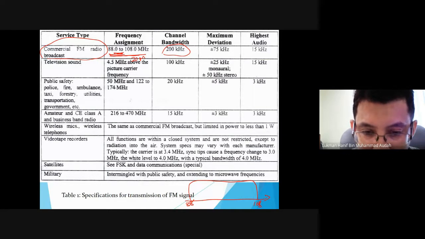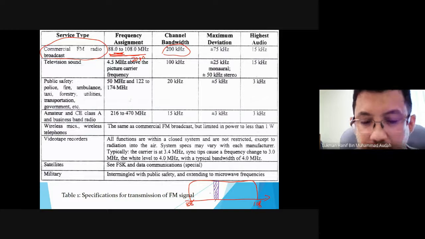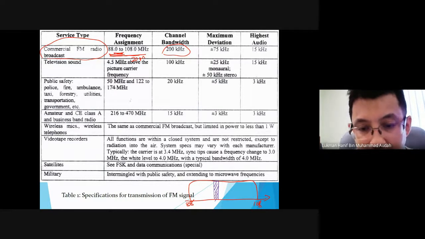For example, here, katalah satu radio station. Okay, so this is for one channel, for example. And the bandwidth for this one maximum is 200 kilohertz.